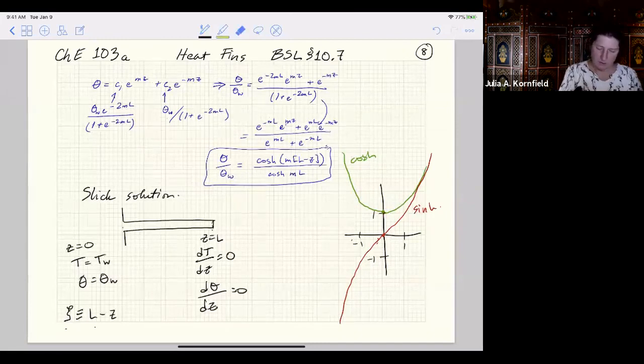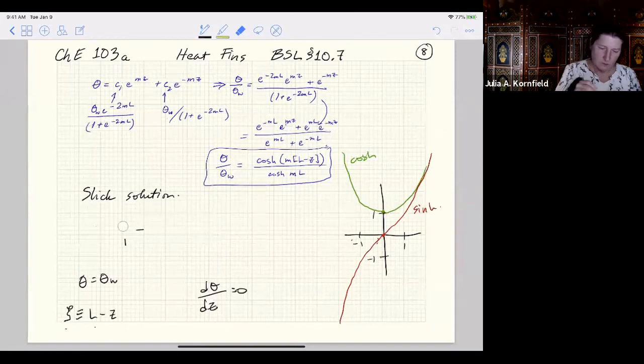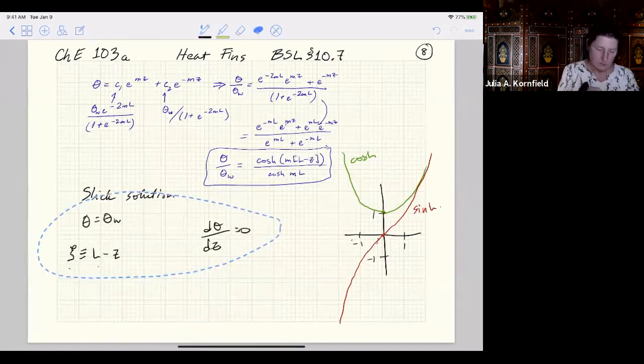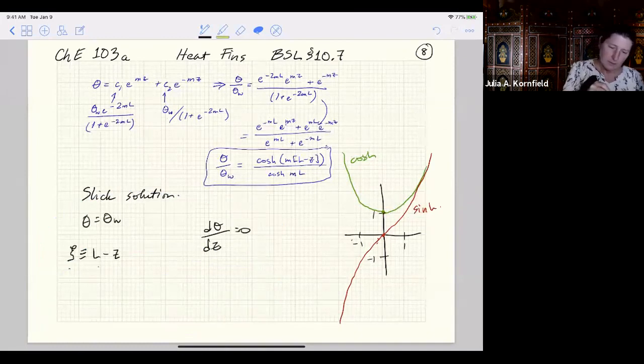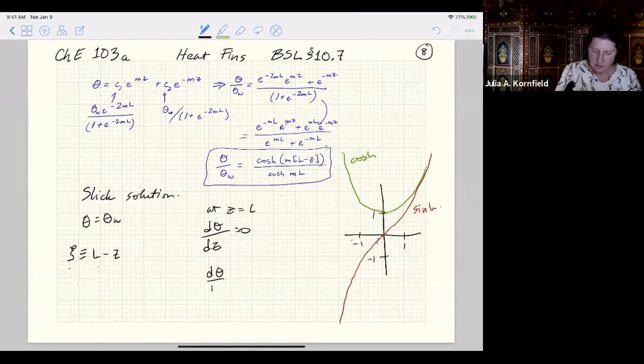Let me get rid of this, just give myself some space. And actually, we don't need this diagram anymore, I don't think. Okay, so let's just move this up so we can do some work here. And so this was at z equals L. So now it's going to be d theta/dc equals 0 at c equals 0.